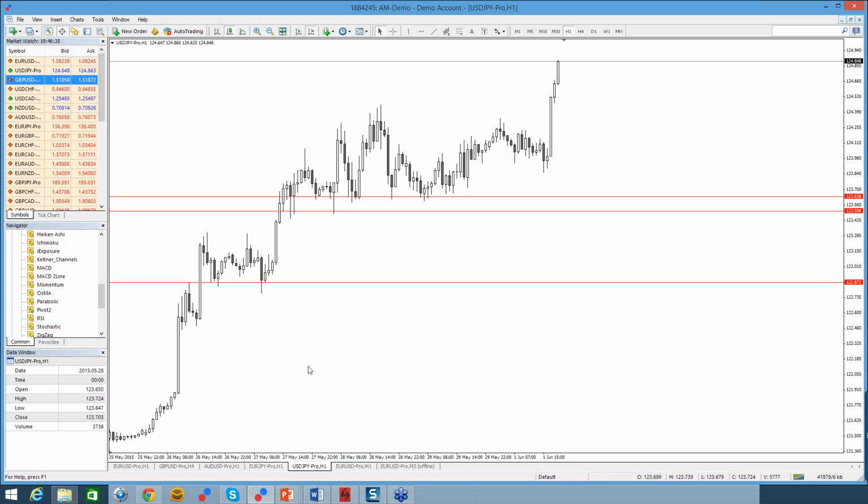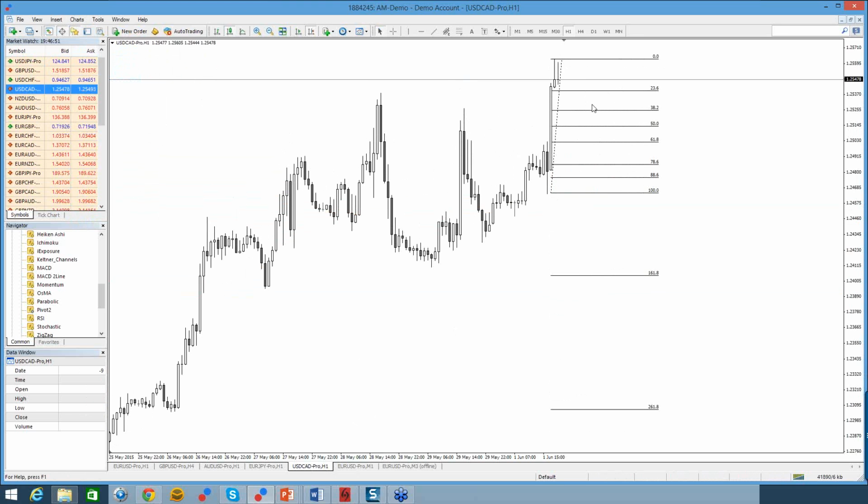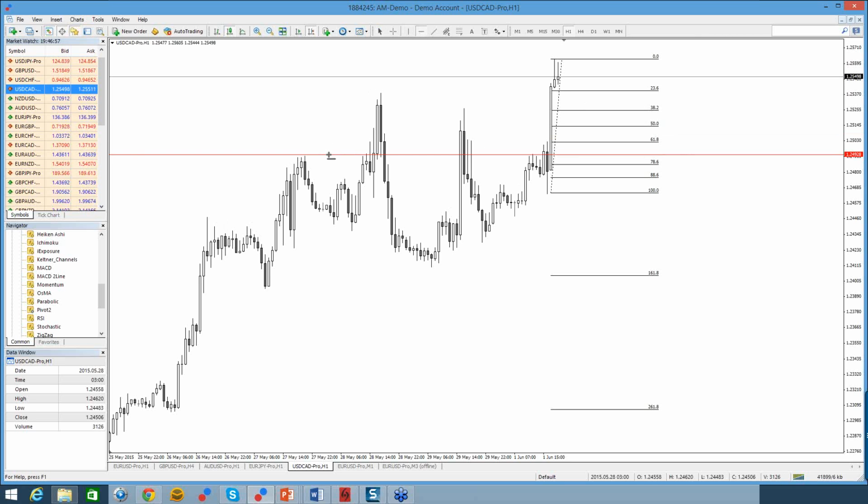So let's see the question about dollar CAD. Yes, we can now find a possible retracement point. This is the clear previous low. This is the clear high at the moment. So pay attention to this zone, 2500, and eventually 2490 to 80s, and this should be bought here.